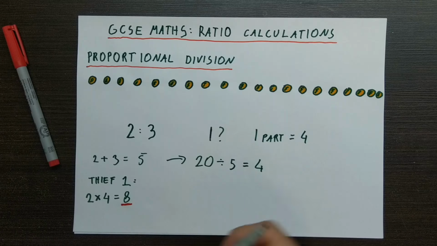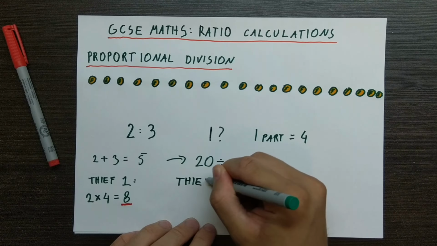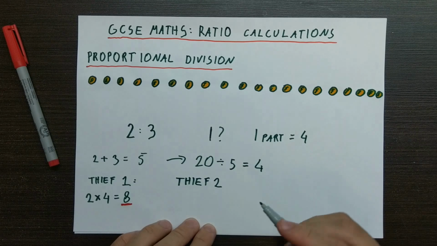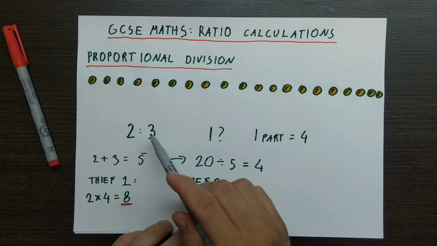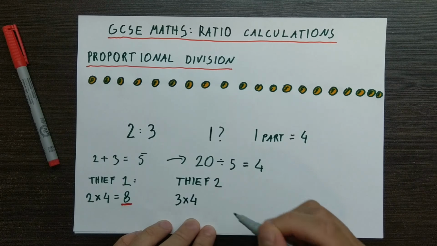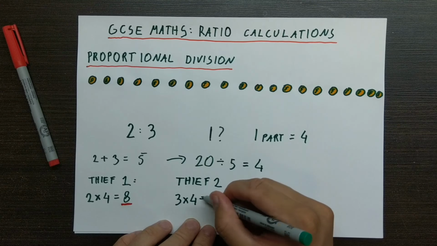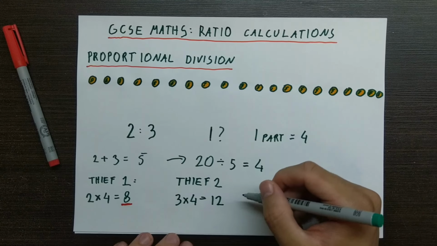And thief 2 gets 3 parts. So what does that mean? We need to multiply 3 times 4. So 3 times 4 means that thief 2 gets 12 coins.